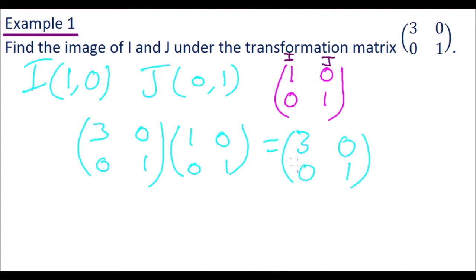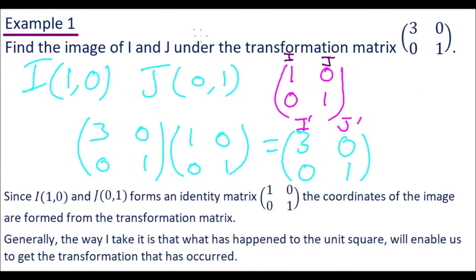So you note here that our transformation matrix has not changed. Actually, we can say that our image, this is our image, I prime and J prime, are the same as the transformation matrix.